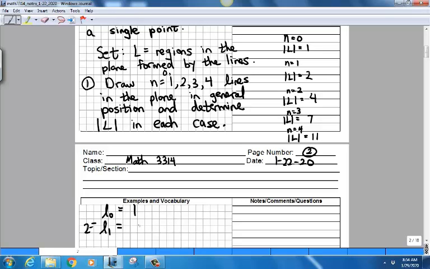The recurrence relation says L sub 1 is L sub 0 plus 0 plus 1. But what is L sub 0? 1. So you get 1 plus 1. Yay, that worked. That makes us feel a little bit better.